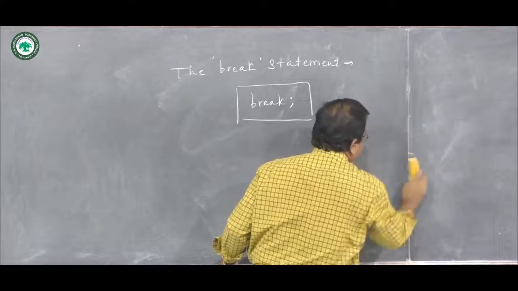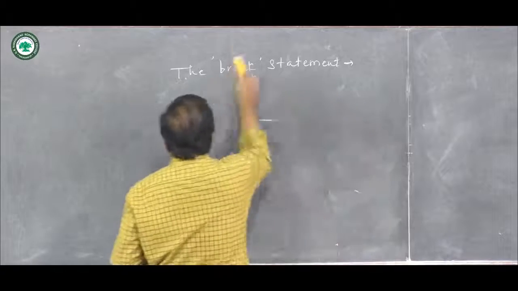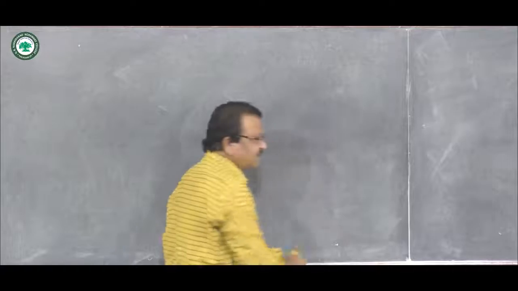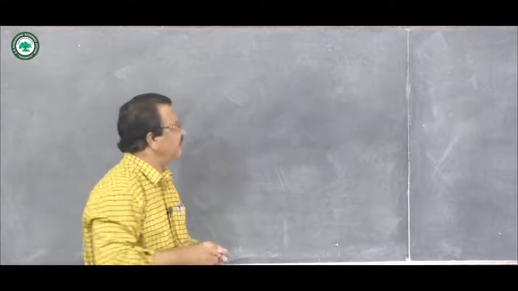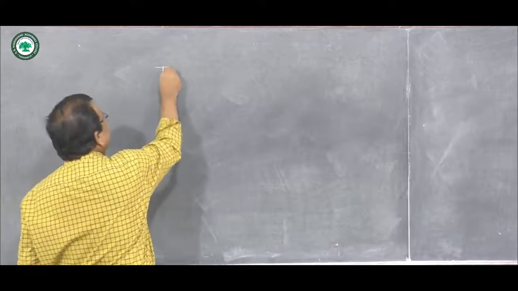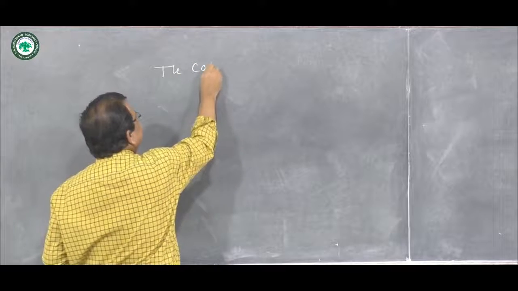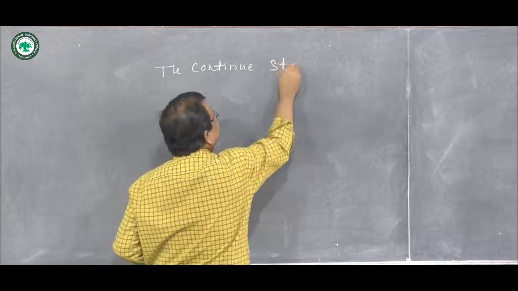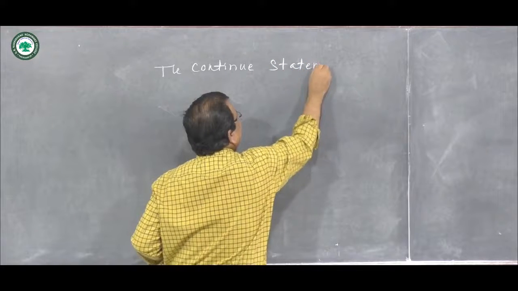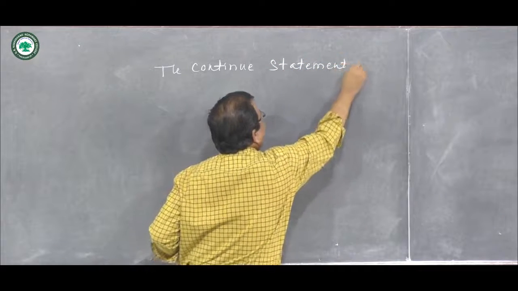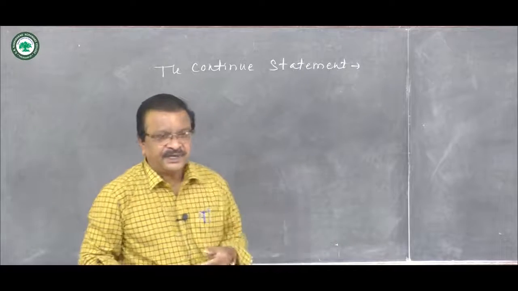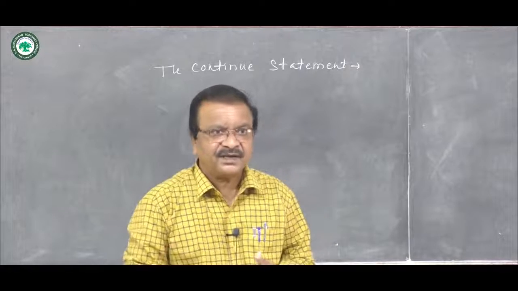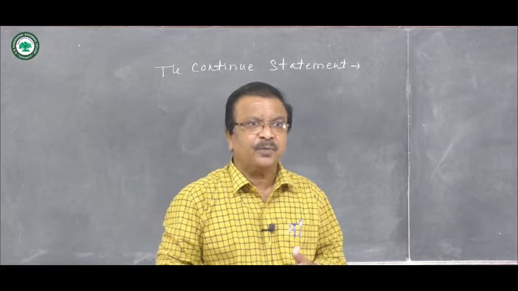Then the next control statement which occurs within while, do while and for is the continue statement. The continue statement is used to bypass the remainder of the current pass during a loop.